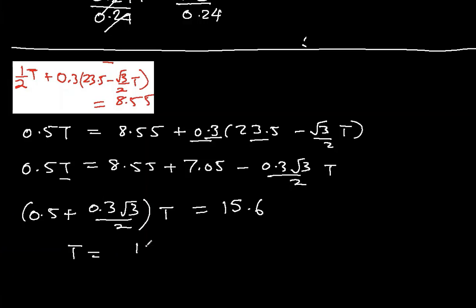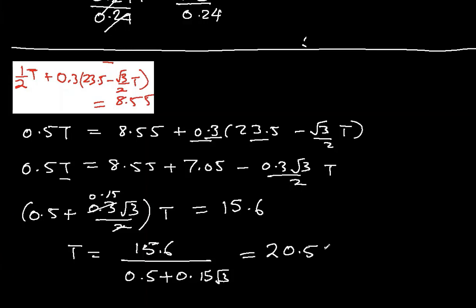So now t becomes 15.6 divided by this whole thing, which is 0.5 plus 0.15 square root 3. I cancelled 2 with 0.3, it becomes 0.15, which is 20.5 newtons.